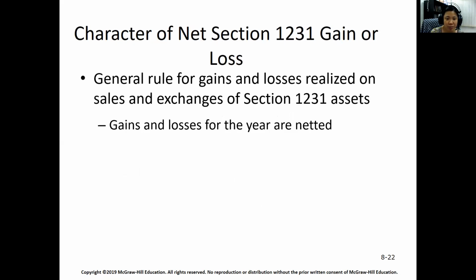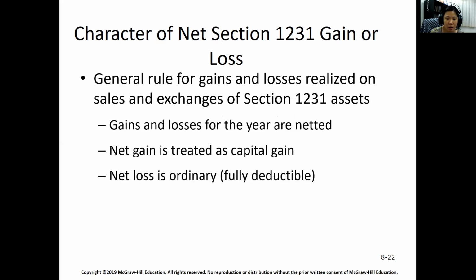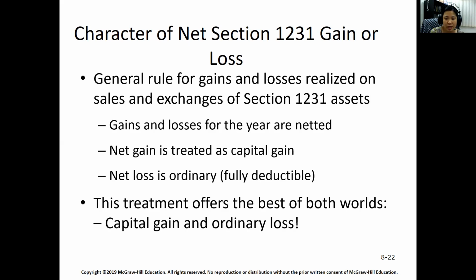Okay, so again, one more time. For section 1231 assets, you have to net the gains and losses. The net gain, which we call section 1231 gain, will be treated as capital gain. The loss, which we call section 1231 loss, will be treated as ordinary loss.